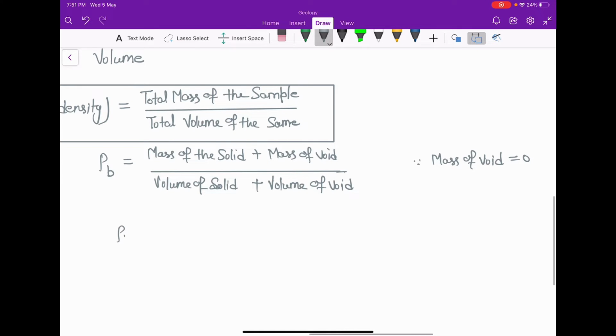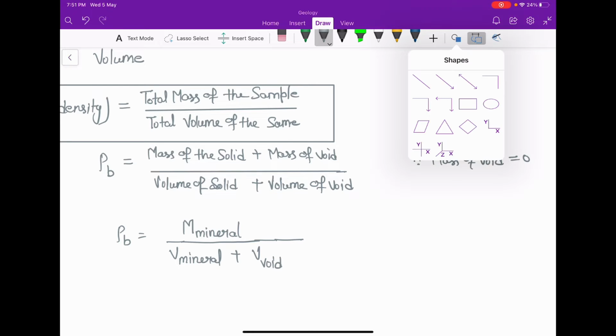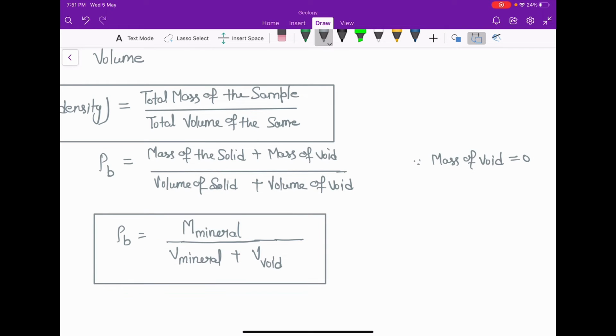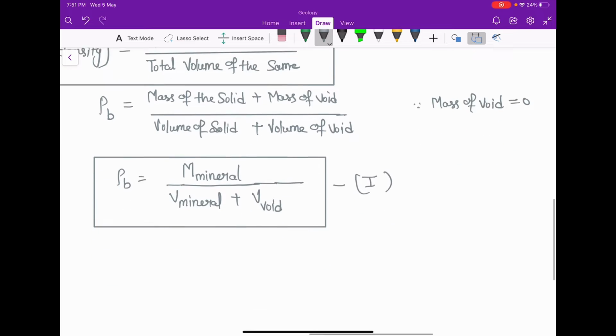So rho b will be the mass of solid, we can say mass of mineral, divided by the volume of mineral plus the volume of void. We can consider this as equation number first.